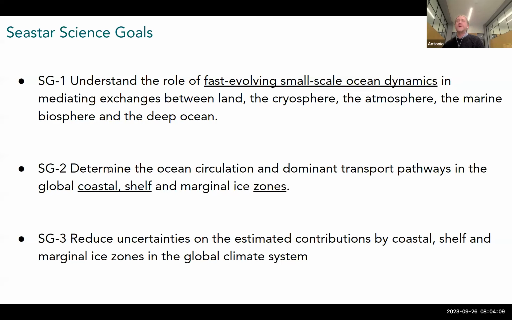What is definitely making a difference in SEASTAR is that it aims to resolve coastal shelf and marginal ice zones. That means margins, and to a general extent to contribute to reduce the uncertainty regarding the contribution of coastal shelf and marginal ice zones in the global system.